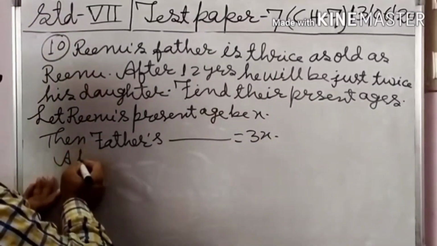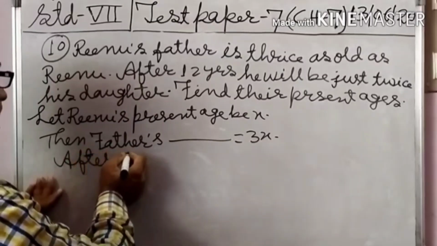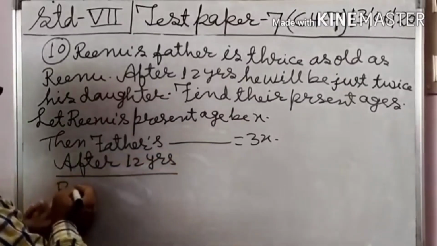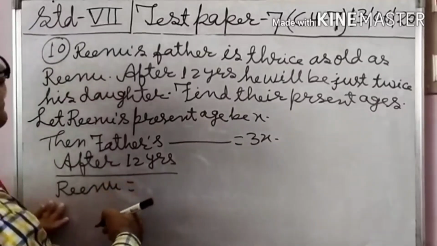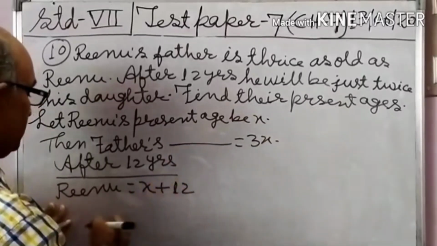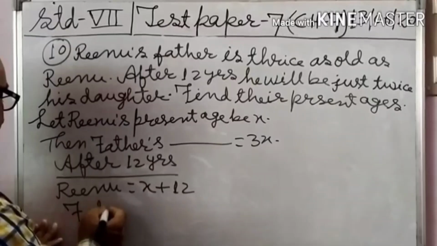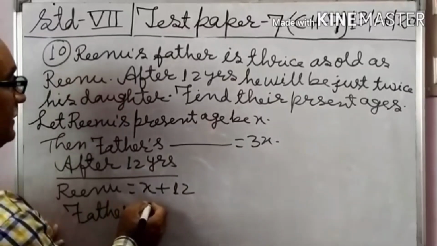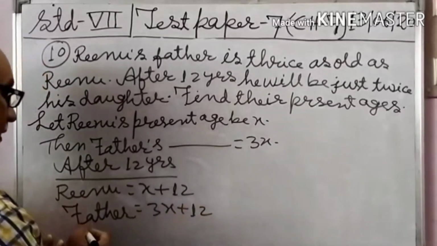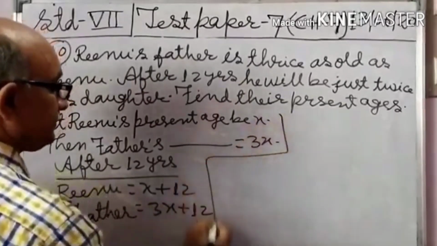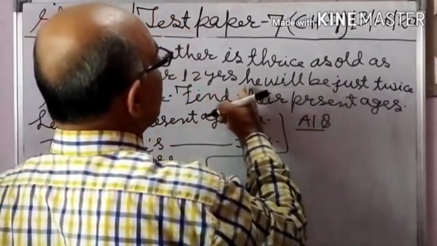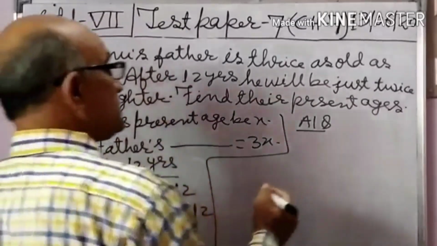After 12 years, Renu's present age is x years, so x plus 12. Father is 3x, so 3x plus 12. According to the question, after 12 years, he will be just twice his daughter.